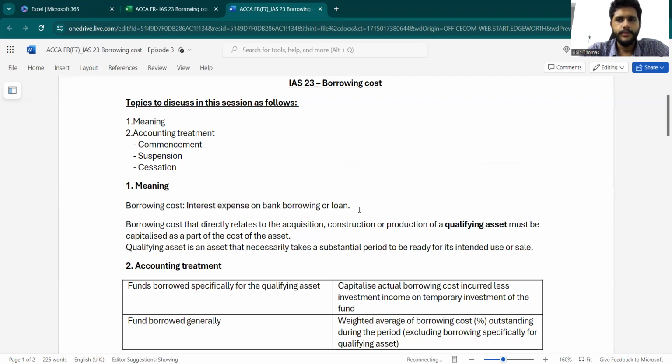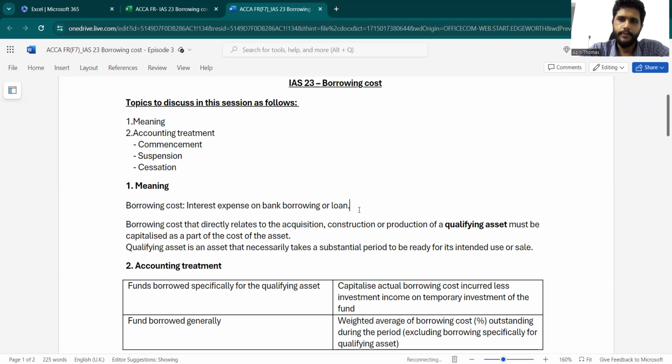So why is this standard important for borrowing cost? The standard provides that management can capitalize, that is, they can add the interest incurred to the cost of an asset. For example, we took a loan to purchase an asset, or we took a loan for construction of a manufacturing plant.